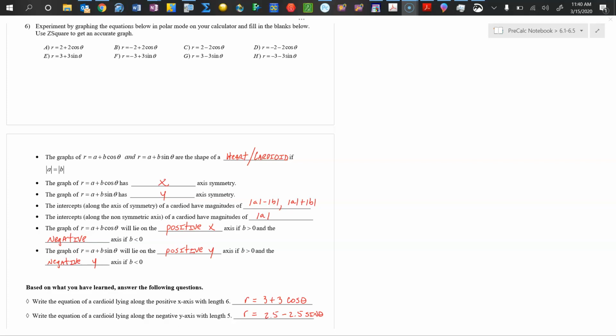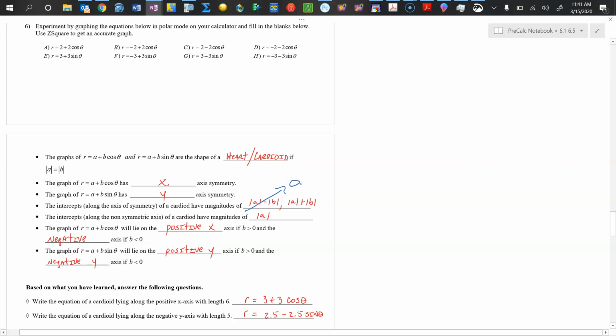If you're using the graph of r equals a plus b sine theta, it has y-axis symmetry. And there are some other things that you can tell about them as well. To find the intercepts of these cardioids along the axis of symmetry, if you take the difference in the absolute values of the coefficients, you will find that you get 0.